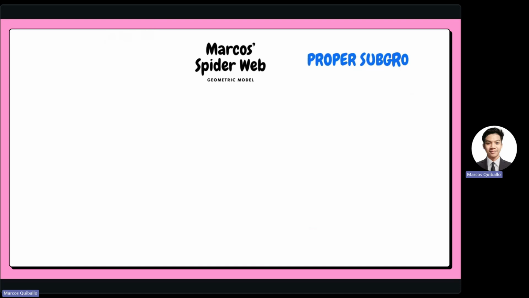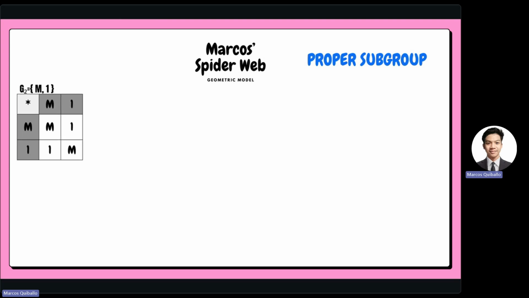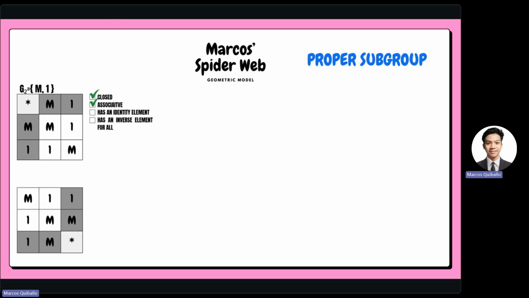So let's move on to our proper subgroups. Let's say G2 is equal to M and 1. So this is our table here. Now let's verify if it is a group. It is closed because, as you can see, our outputs are within the set G2. When we rotate it 180 degrees, our result is also the same.